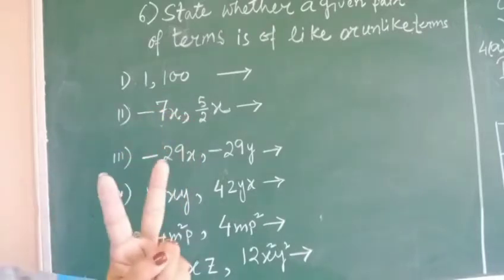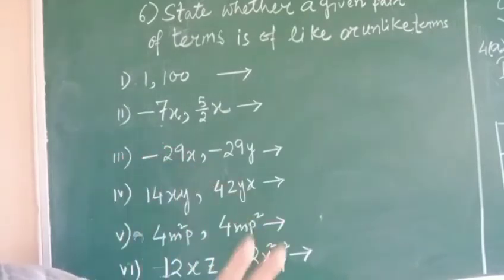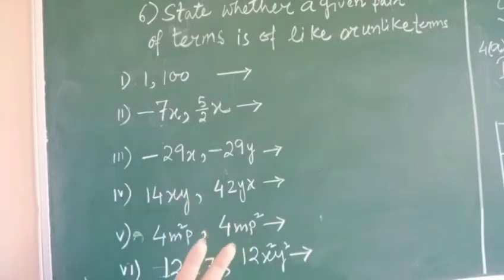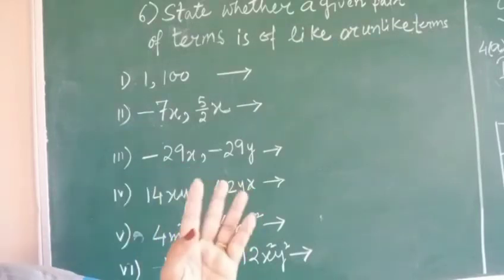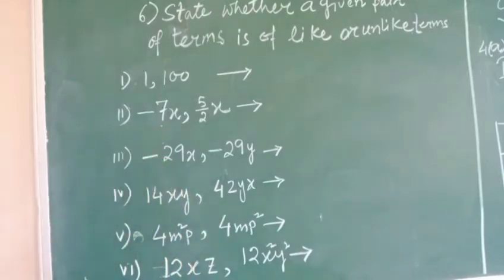These two things we have to concentrate on. Are the variables same? If the variables are same, then the second condition is, are the powers also same? If these two conditions are satisfied, then we can say that these two terms are like terms.